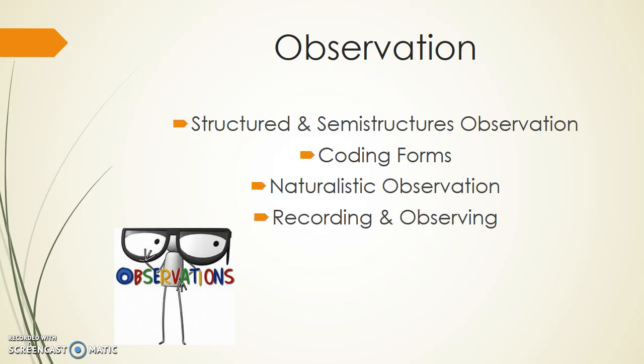Observation is often the first data collection. Structured types of observation typically generate quantitative data, whereas unstructured or naturalistic observation typically generate qualitative data. The qualitative data are usually reported in some type of narrative form.